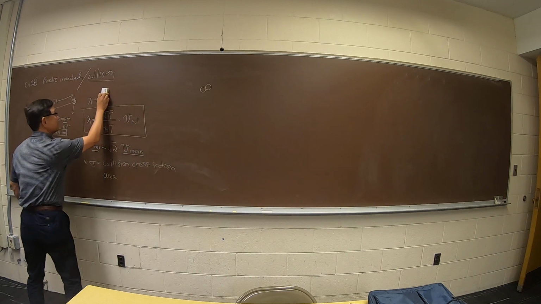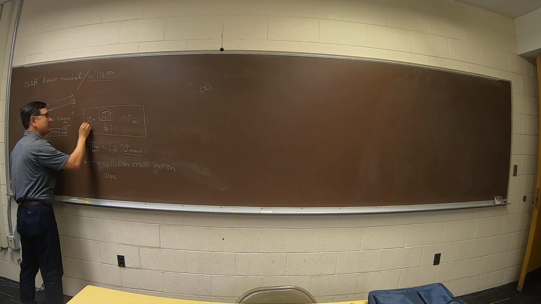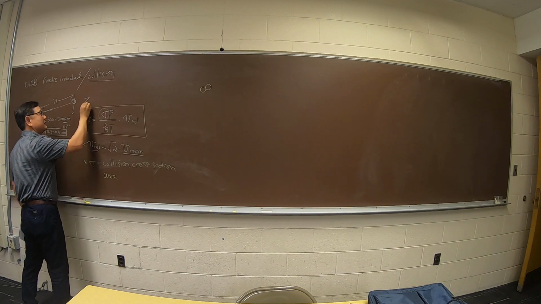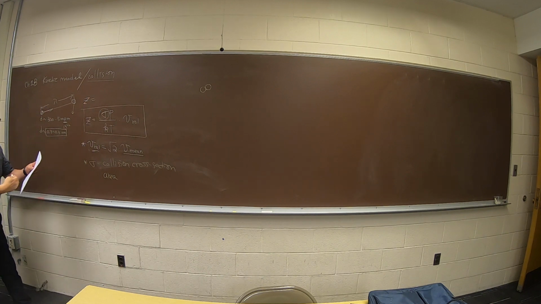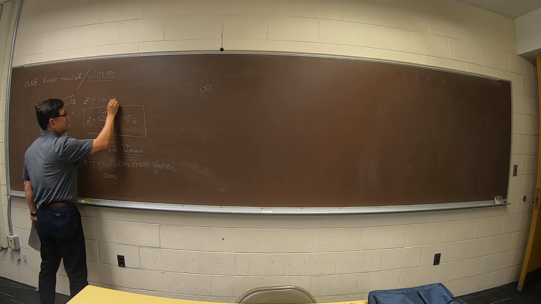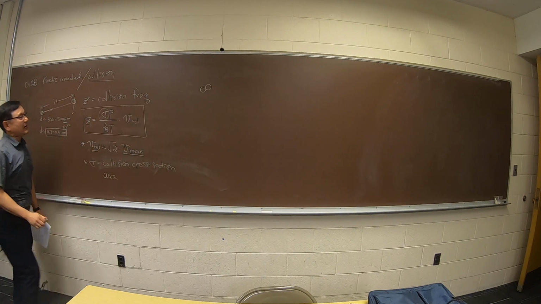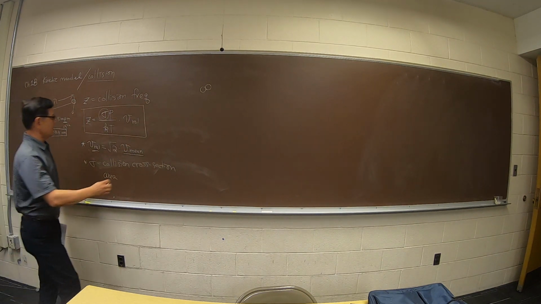So delete this. This is the equation for what we call the collision frequency. I think I better start with this. Let's first talk about collision frequency, which is how frequently they collide with each other.